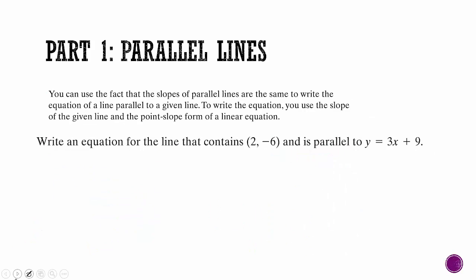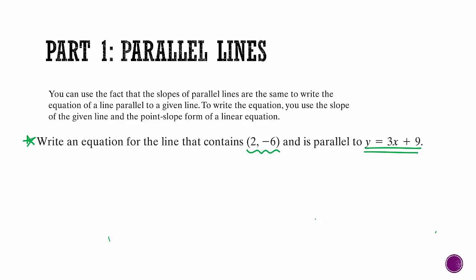The other type of problem you're going to get is one that looks like this. We can use the fact that slopes of parallel lines are the same to write equations of a line parallel to a line that I already give you. So let's say you were given this problem where it said to write an equation for the line that contains this point and is parallel to this line. Remember, in order to create an equation, we need at least 2 points, or 1 point and a slope.